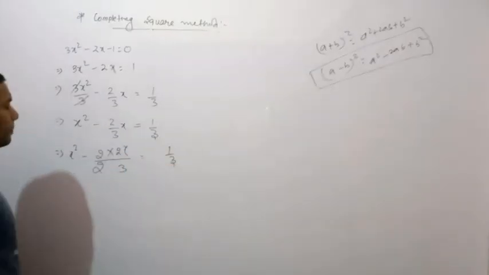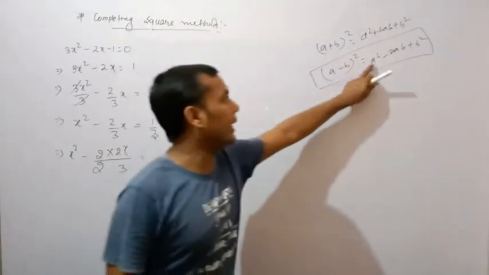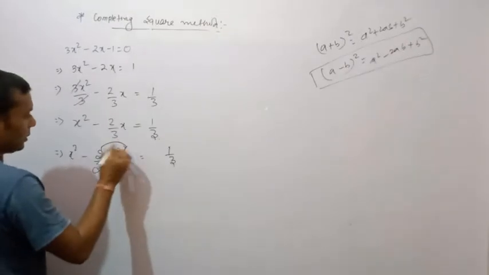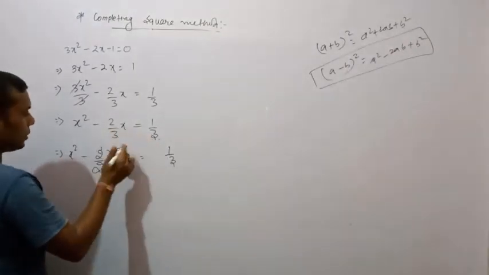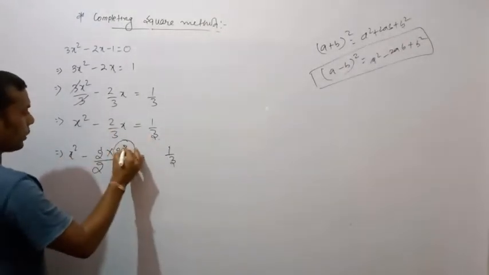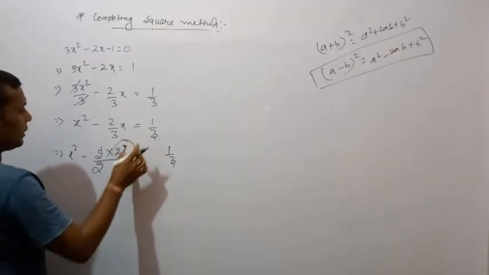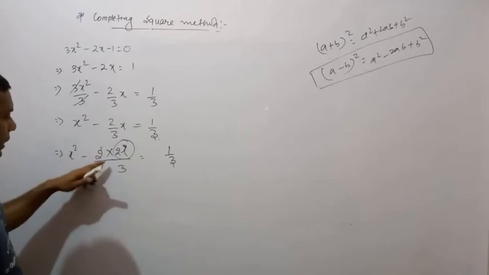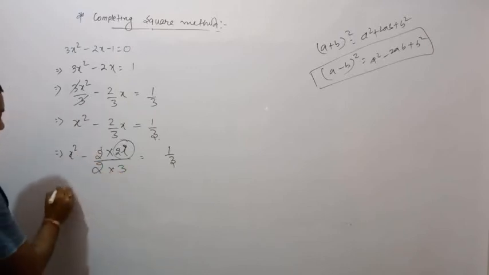Again x² is a², and 2a means 2x. See the 2x; whatever term is left is your b. So what term is left? 1/3.